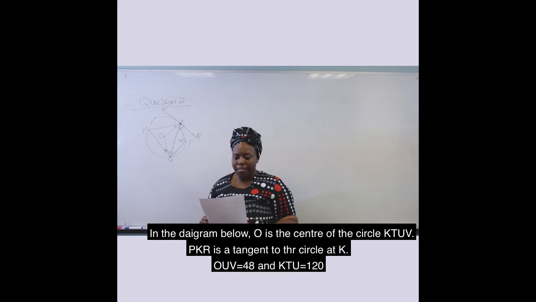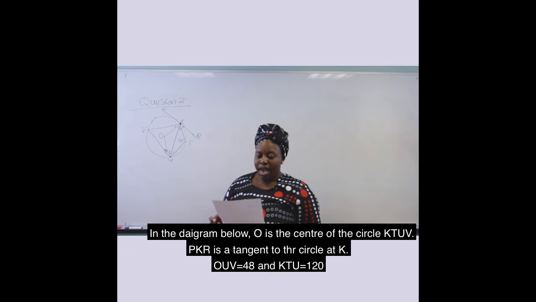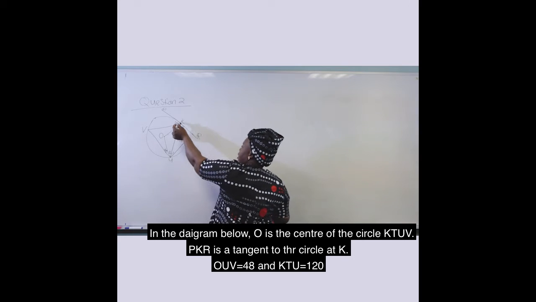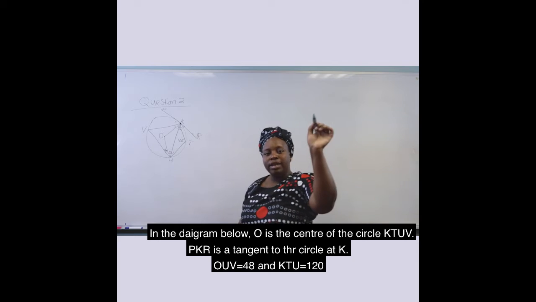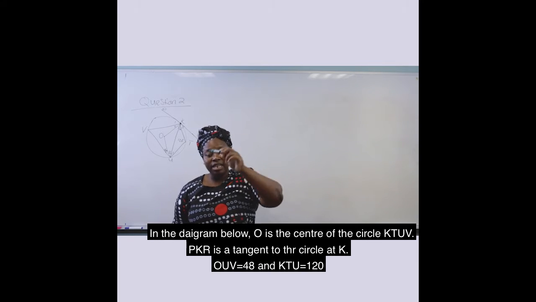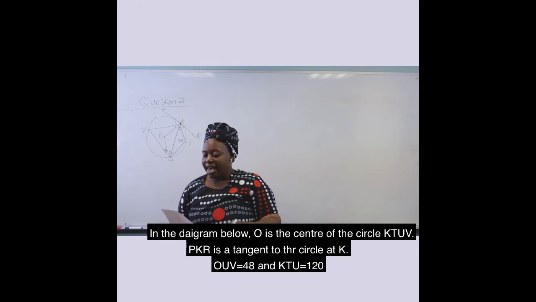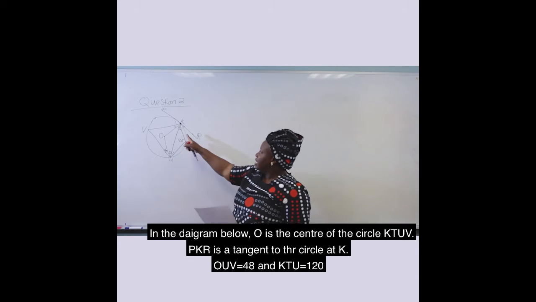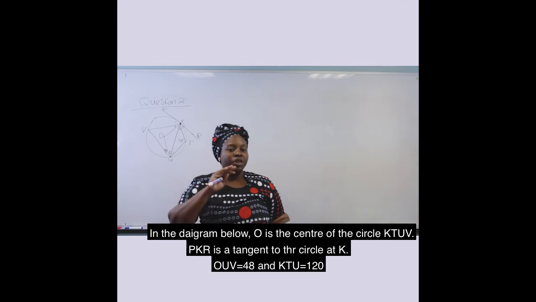Immediately you hear the center of the circle, and they've given you KTUV. If you see KTUV, you need to remember cyclic quadrilateral, because all 4 points are on the circumference. Then we are given PKR as a tangent, and that is touching the circle at K. So you need to remember the theorems that have to do with the tangent.